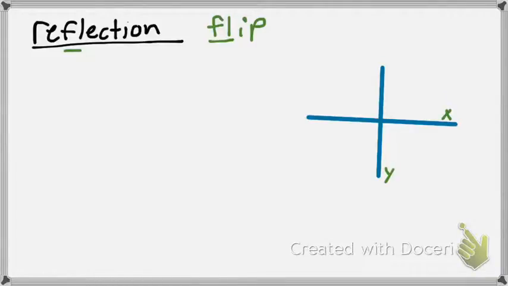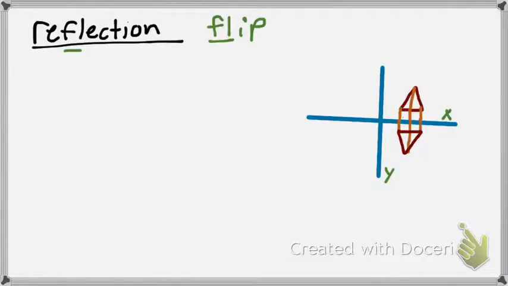So if we had this triangle and I wanted to reflect it over the x-axis, all you have to do is say, instead of going up by 1, I'll go down by 1. Instead of going up by 1, I'll go down by 1. Instead of going up by 3, I'll go down by 3. You do the exact opposite. And what you end up with is the same shape, just reflected over that line.